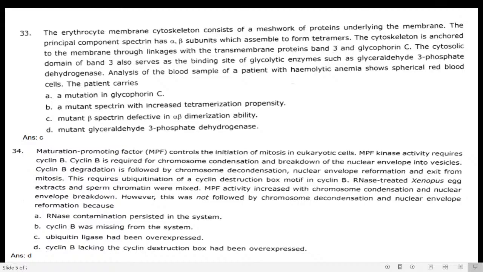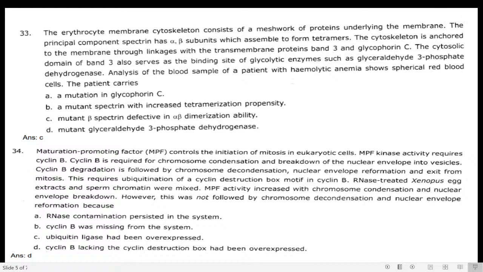Spectrin has two subunits, alpha and beta. It assembles to form a tetramer. The cytoskeleton is anchored to the membrane through the linkage with transmembrane proteins. There are two membrane proteins, band 3 and glycoprotein. The cytosolic domain of band 3 also serves as a binding site of glycolytic enzymes such as glyceraldehyde 3-phosphate dehydrogenase.